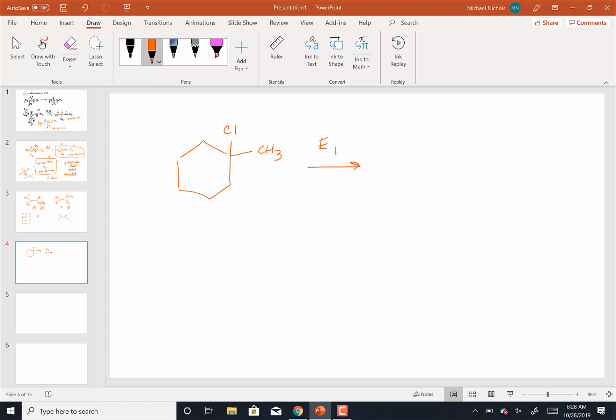Okay, so then the question is, are any of those the same? Which one's the major product? But there's only two. This would be a beta carbon for these.